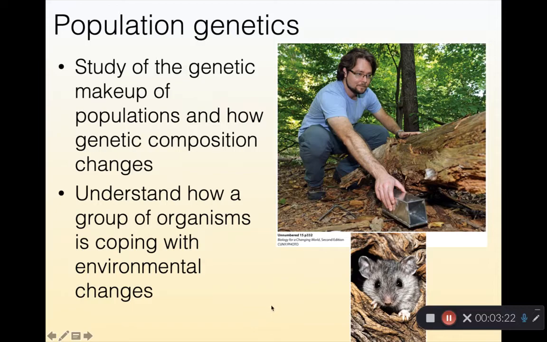It's understanding how a group of organisms could potentially be coping with environmental changes. And again, you were given the example of mice in New York City, where we have very fragmented environments with very few green spaces in some areas, and how these mice might be changing or adapting based on these changes in their environment.